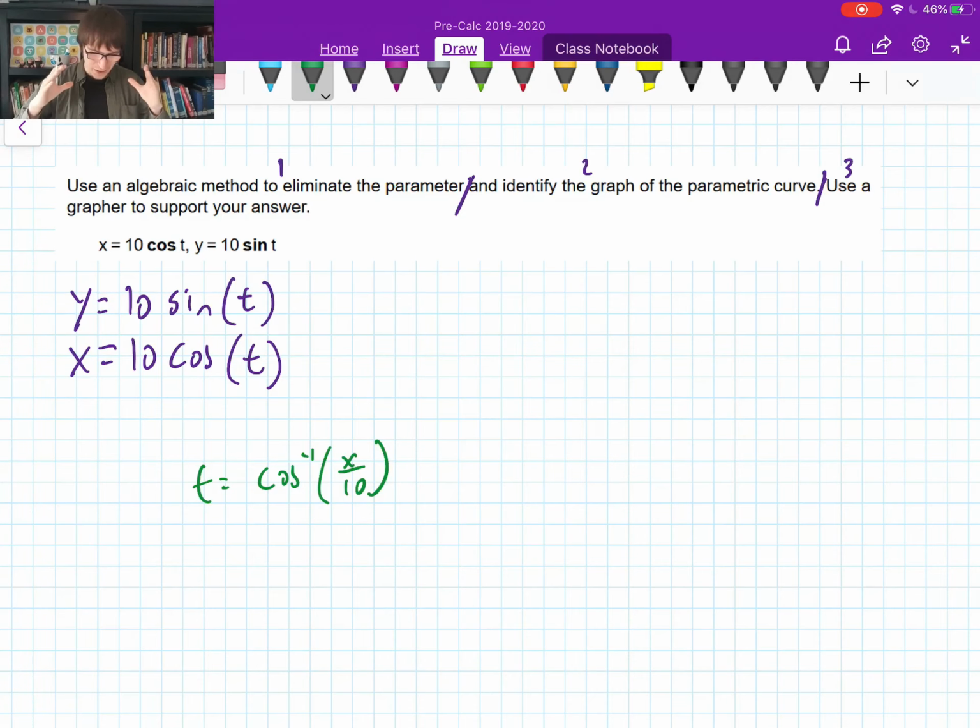Unfortunately, taking inverse cosines and inverse sines is troublesome for us. Remember how we said before that inverse cosine and inverse sine, or arc cosine, arc sine as people say it, have a very limited domain. Like inverse sine has a domain from 1 to -1, and inverse cosine has a similar limitation.